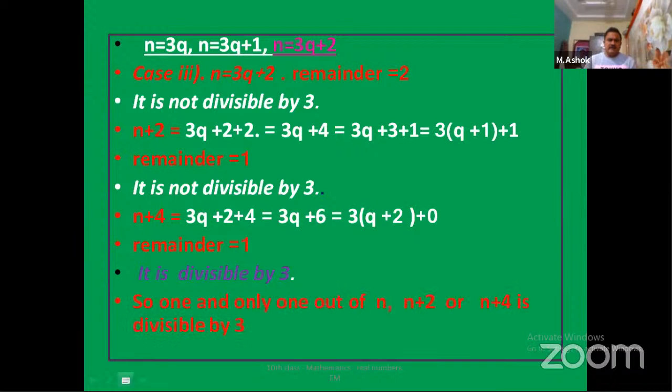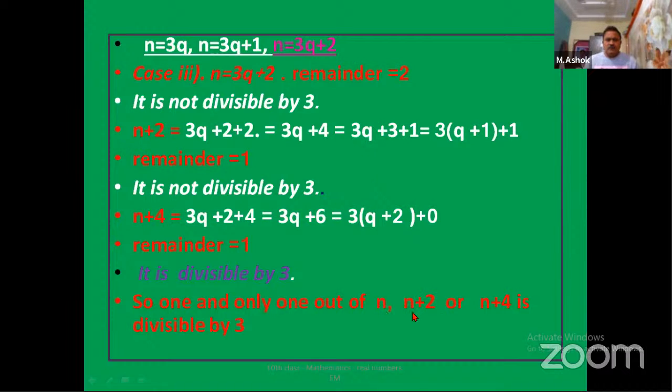Look at here finally. So one and only one out of n or n plus 2 or n plus 4 is divisible by 3. So in case 1, n is divisible by 3.